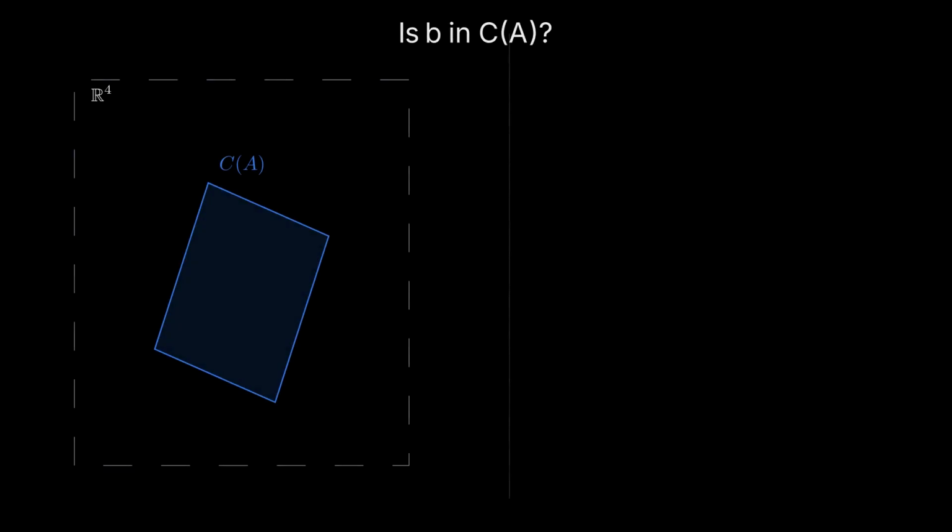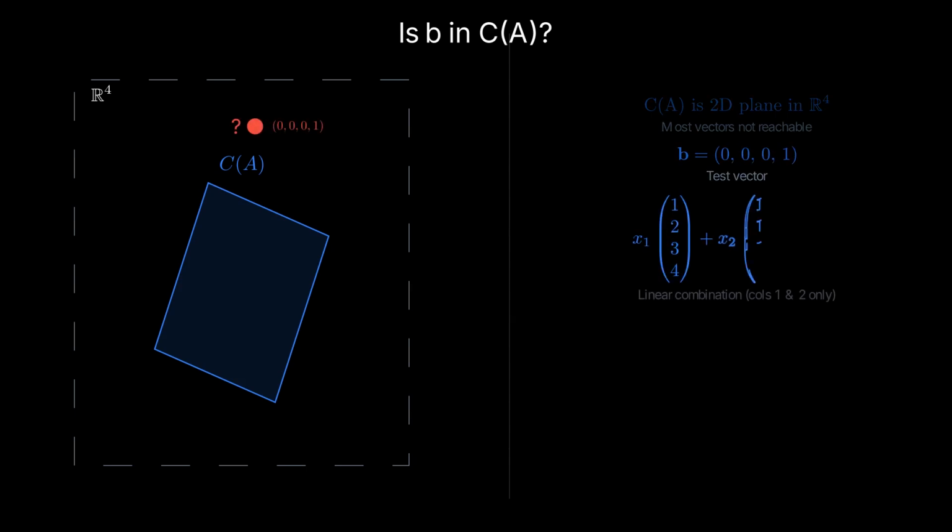Since the column space of A is a 2-dimensional plane sitting inside R4, most vectors in R4 don't lie on that plane. Let's find one. Take b equals 0, 0, 0, 1. We need x1 times the vector 1, 2, 3, 4 plus x2 times the vector 1, 1, 1, 1 to equal 0, 0, 0, 1.